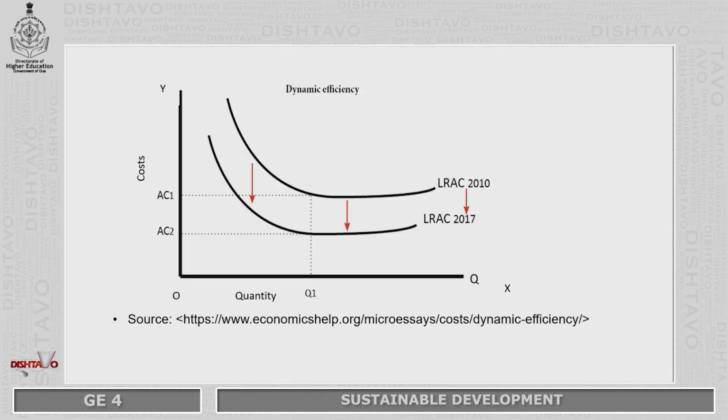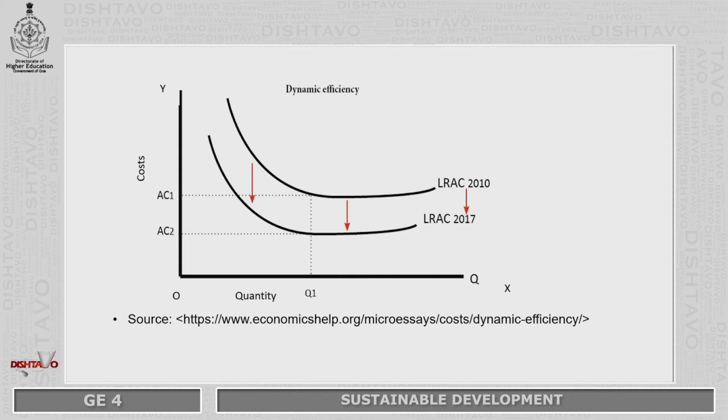Here we have the quantity on the x-axis and costs on the y-axis. We have the long run average cost in the year 2010 and the long run average cost in the year 2017. Now, what does this diagram tell us? Suppose there is a firm that started up in the year 2010.